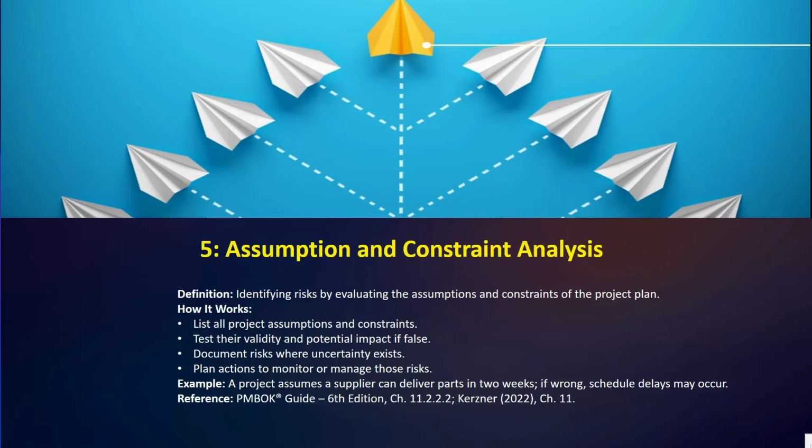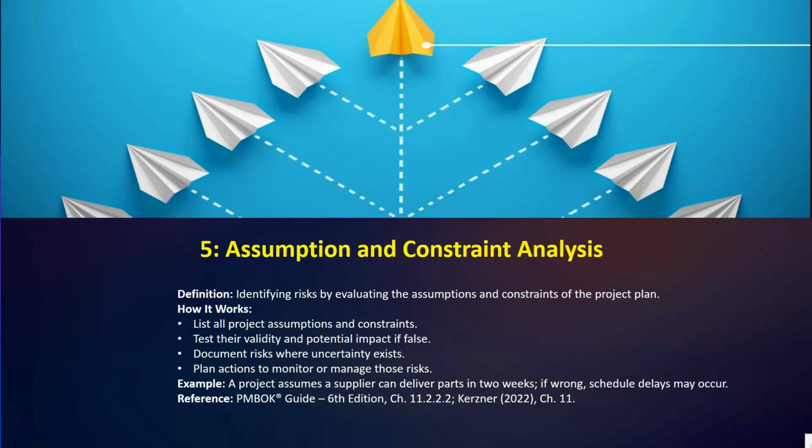So next we have number five, assumption and constraint analysis. Actually, assumption and constraint analysis is a technique that focuses on the underlying beliefs and limitations of your project plan. Every project is built on a series of assumptions, and if these assumptions prove to be incorrect, they can become significant risks.